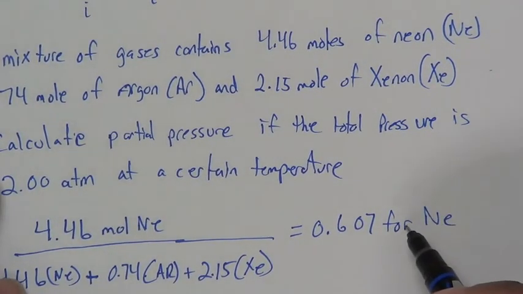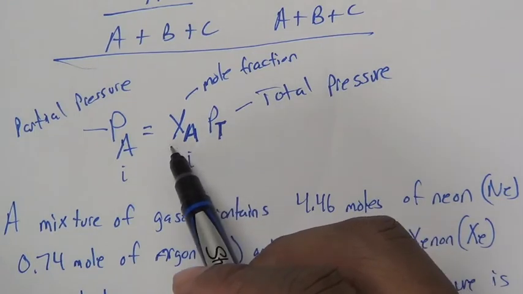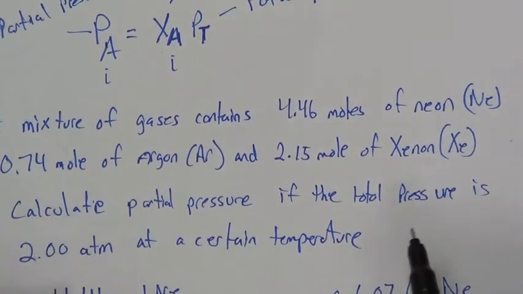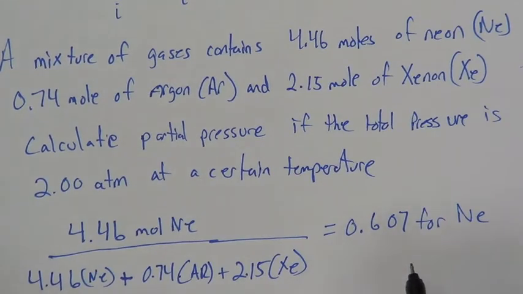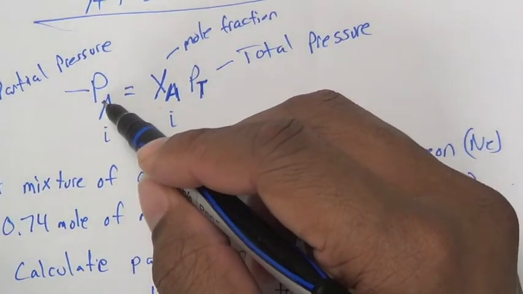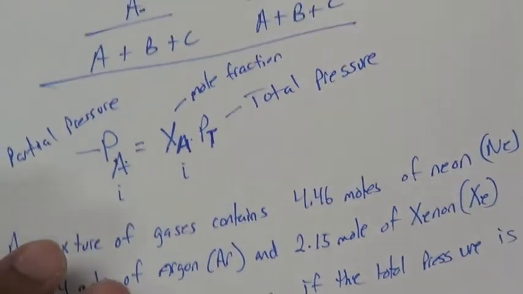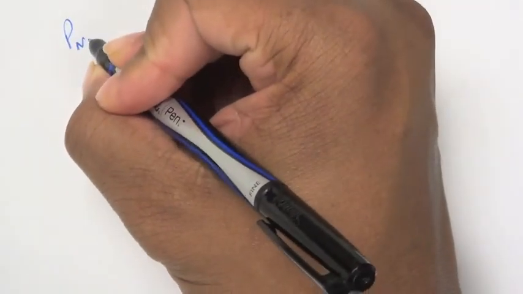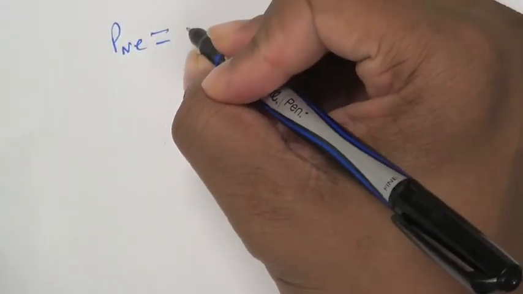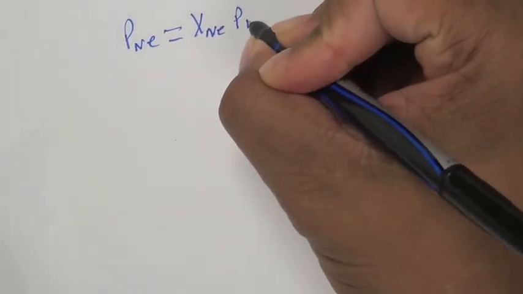Okay, now we plug this into this formula. I'm sorry, this is not the partial pressure. This is our mole fraction that we're gonna plug into the partial pressure formula. So I'm going to turn to a different page. The partial pressure of neon is equal to the mole fraction of neon times the total pressure, which was 2, remember?